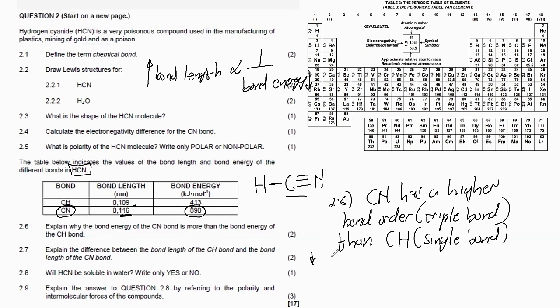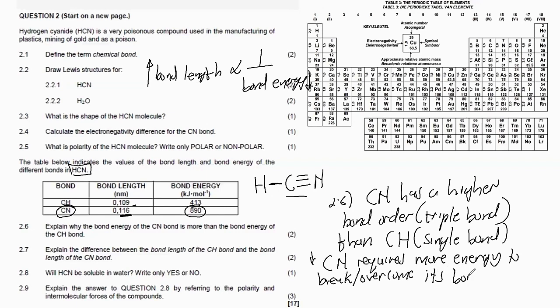So obviously, what does that mean? It means CN requires more energy to break the bonds, right? So CN requires more energy to break or overcome its bond.